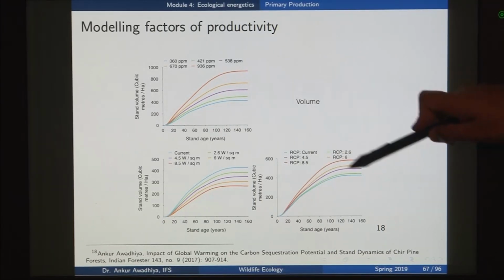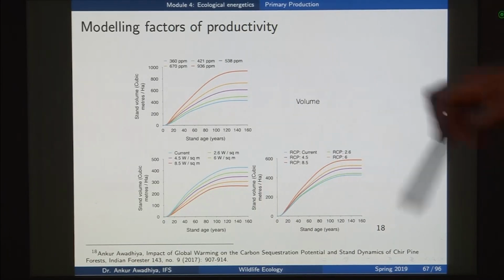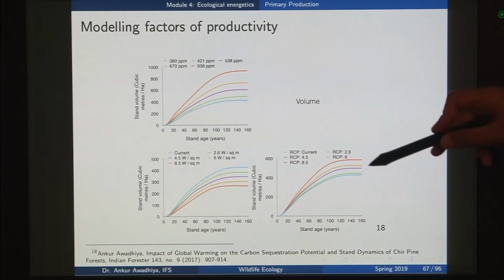The difference between the current scenario and an RCP of 2.6, which means an effective global warming of 2.6 watt per square meter, is negligible, but with increased global warming there would be an increase in the stand volume. So, by using these modeling equations we can discern the impact of different scenarios: the impact of increasing carbon dioxide, the impact of increasing temperature, and the combined impact.